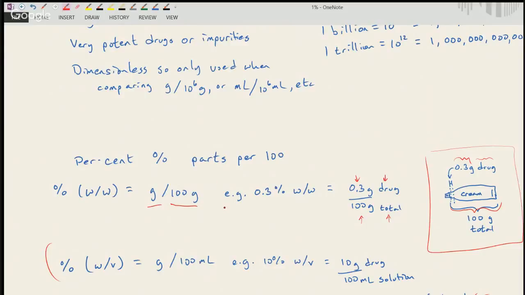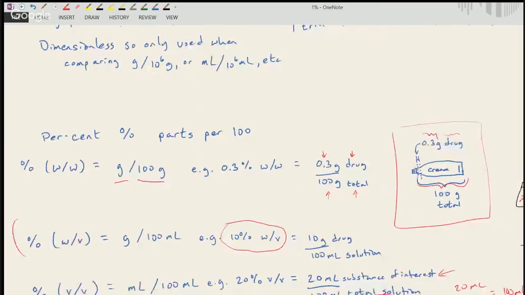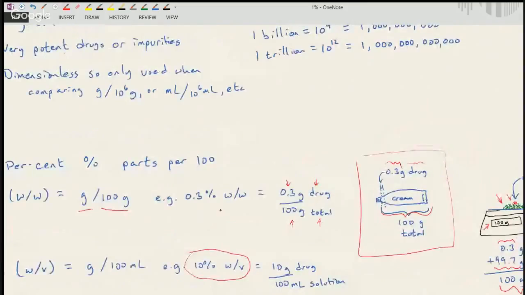So a 10% weight per volume solution would contain 10 grams of drug in 100 mLs of solution.